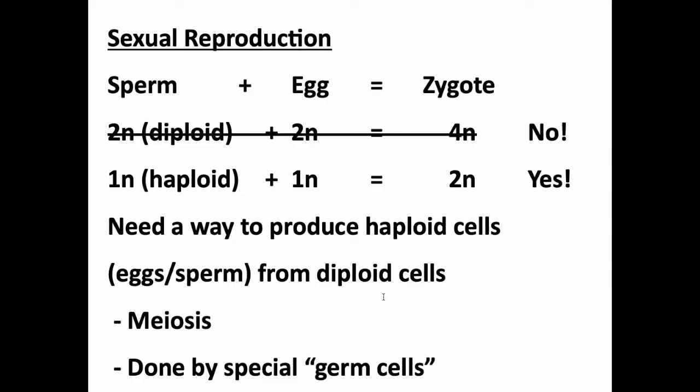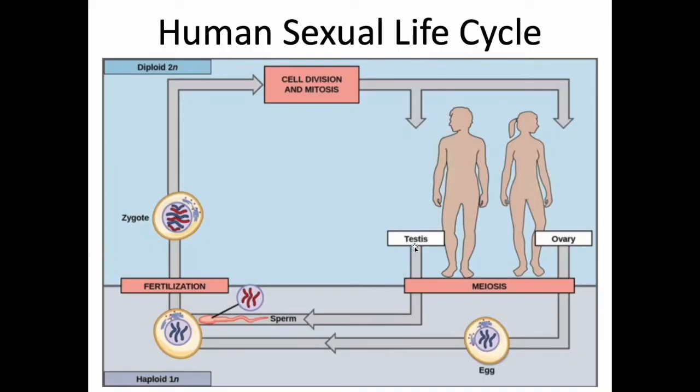The way that we are going to do this is through a process called meiosis. Some people say meiosis differently; I say meiosis, but either is fine. Meiosis is the process that's going to create these haploid cells, and this is done by special germ cells. So not everything is doing meiosis. Only germ cells within the testes or the ovaries are able to do this very special type of cell division.